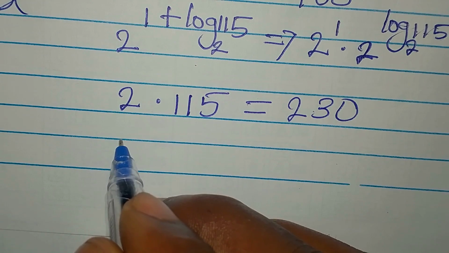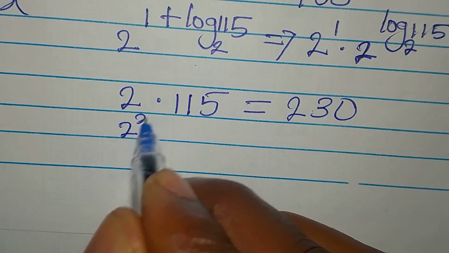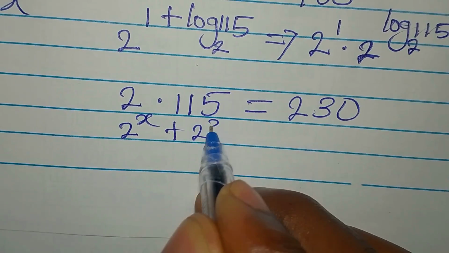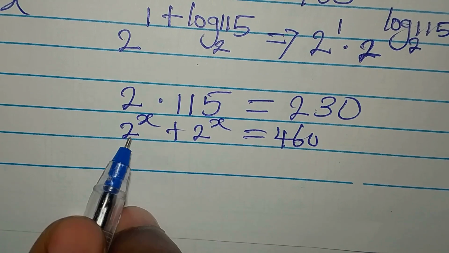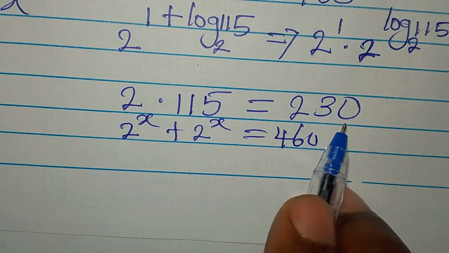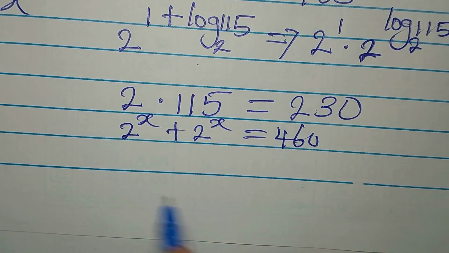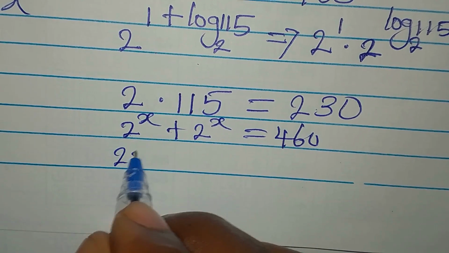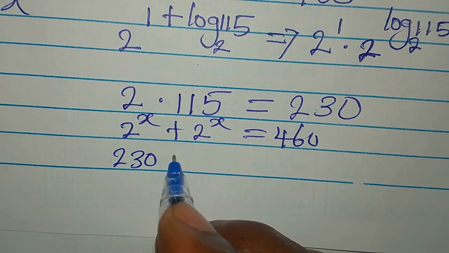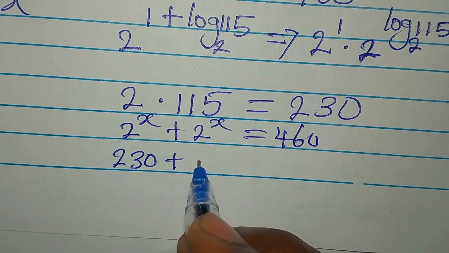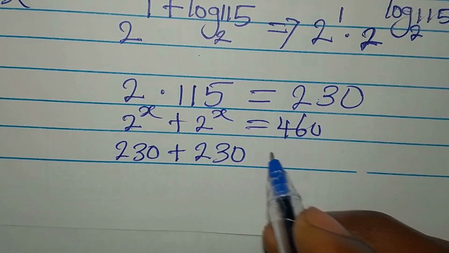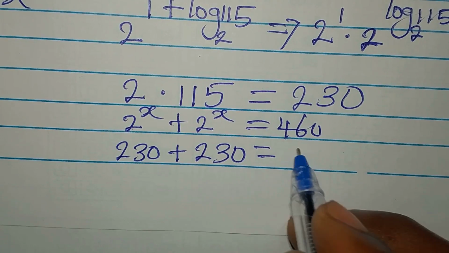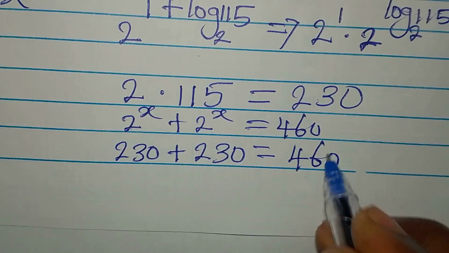Remember that we're having 2 to the power of x plus 2 to the power of x equal to 460. Now this 2 to the power of x alone gave us 230. So for this we have 230, plus here again the same thing, 230. And definitely when you add these two together, you will have 460.